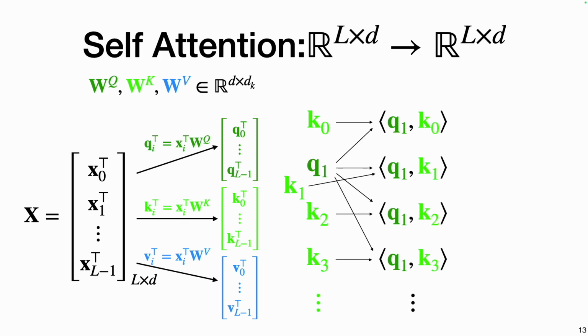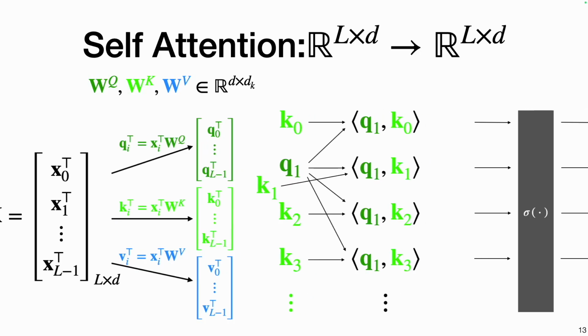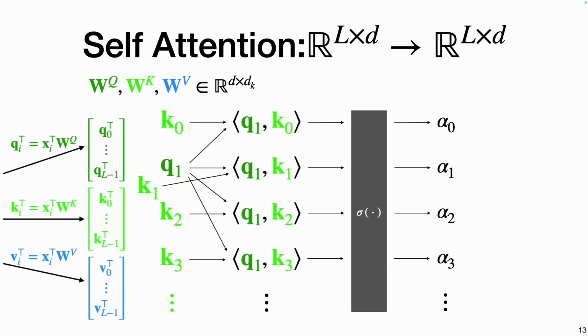First, you take the inner product between each key and the first query, q1. Then you get scalars, which is a vector of length L. Then you pass that vector through a general nonlinearity, which is generally like the sigma function you see here.